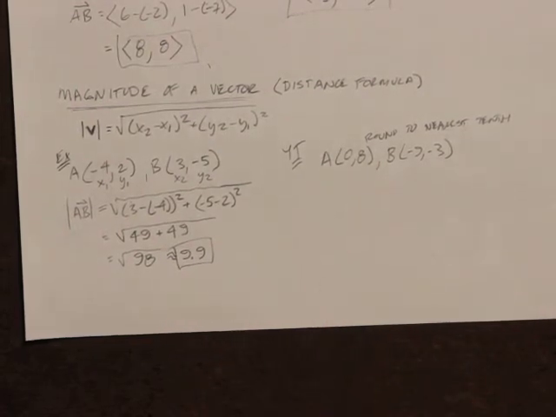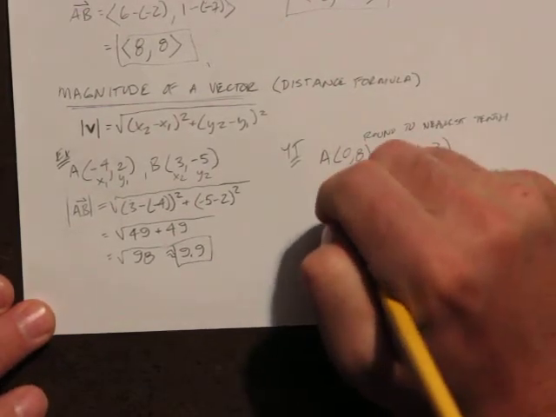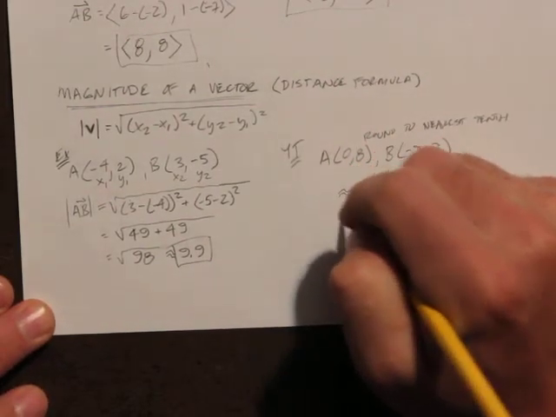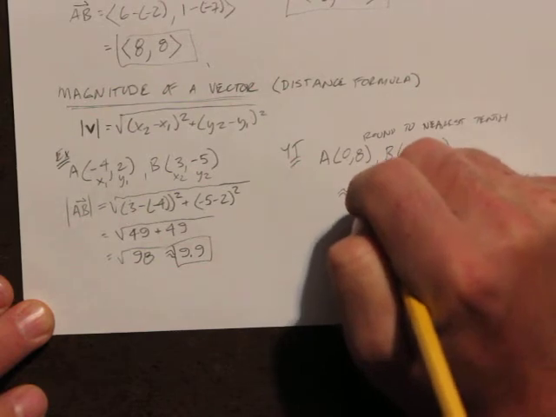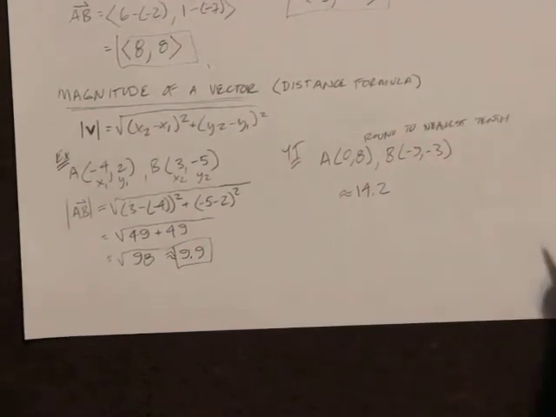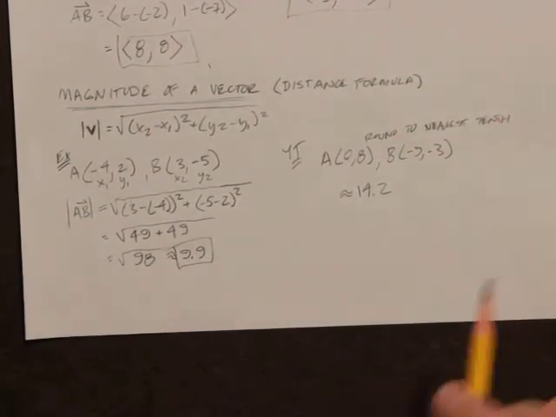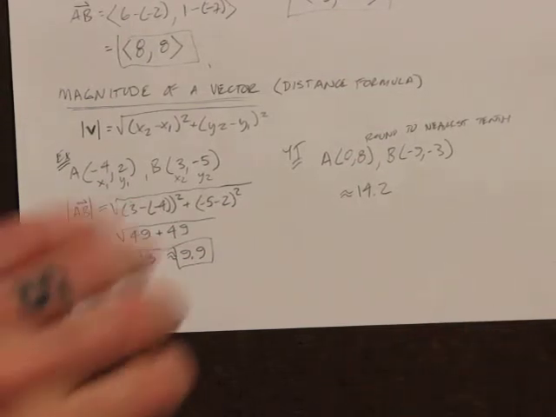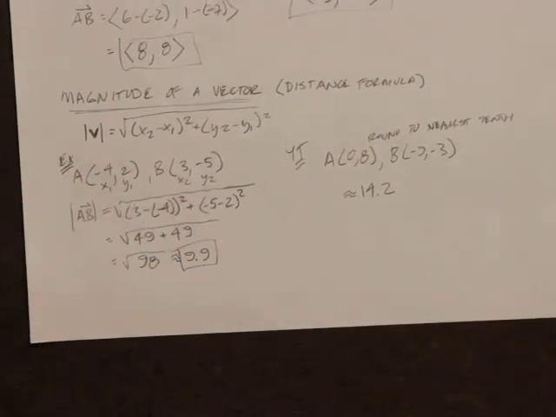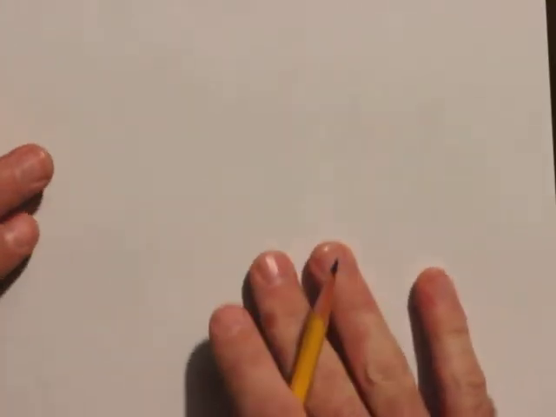Pause now and do the U-try. Alright, you should have gotten 14.2. And that's that. Next section here, we are going to look at vector operations.